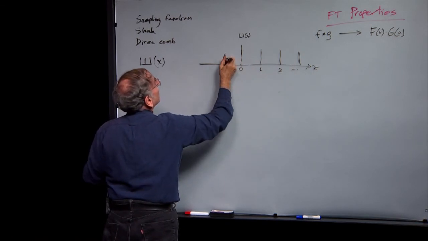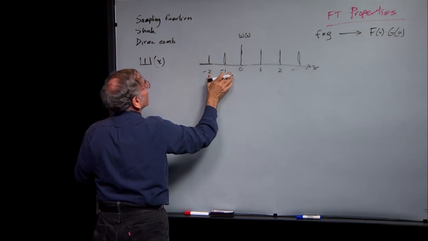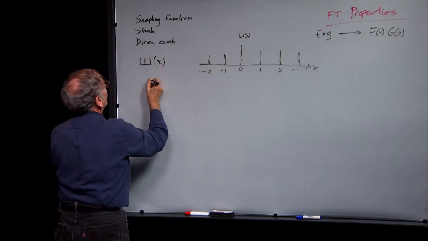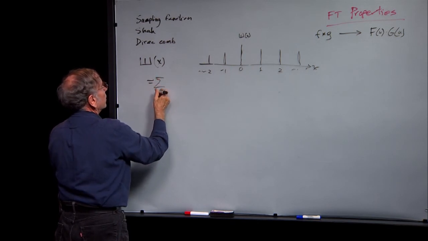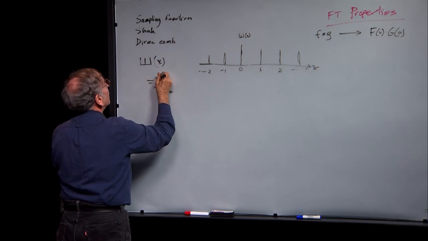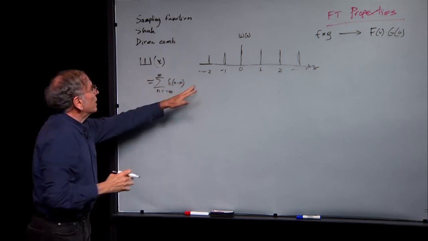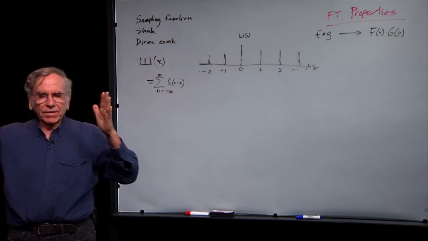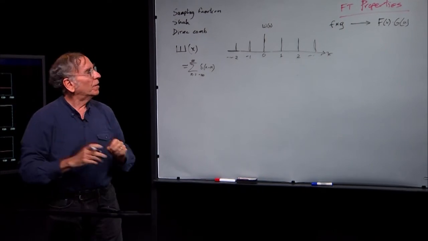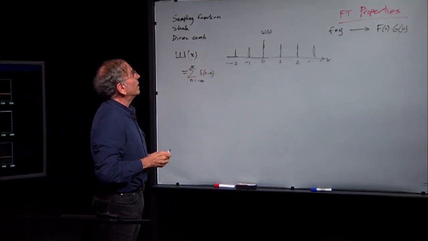And there's also a delta function at x equals minus 1, a delta function at x equals minus 2. And these go on to infinity. So Shah of x is equal to the sum over n from minus infinity to infinity of delta of x minus n. So it's an infinite series of delta functions, all spaced 1 unit apart along the x direction.